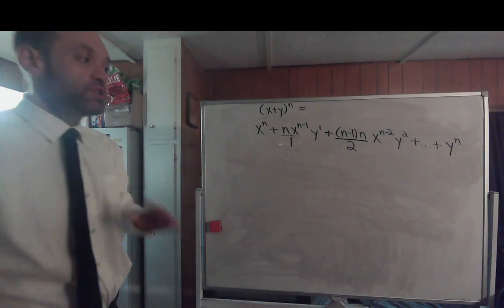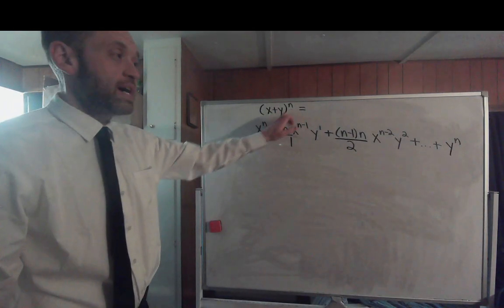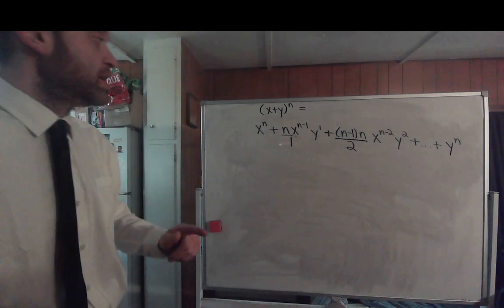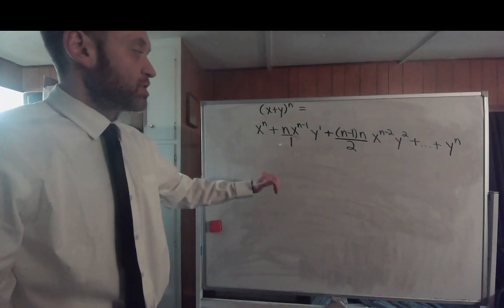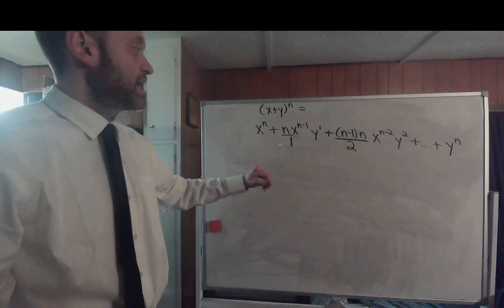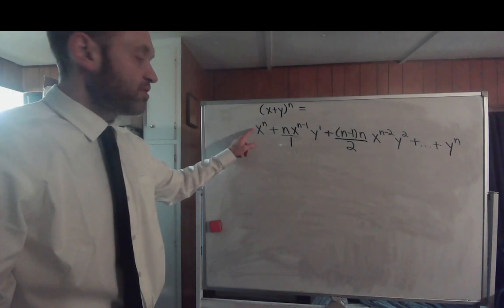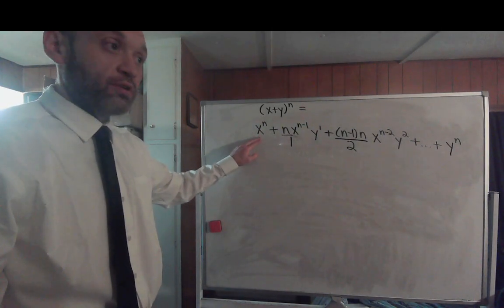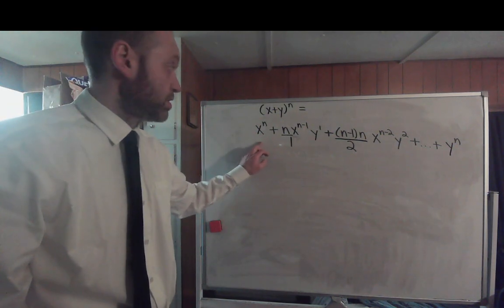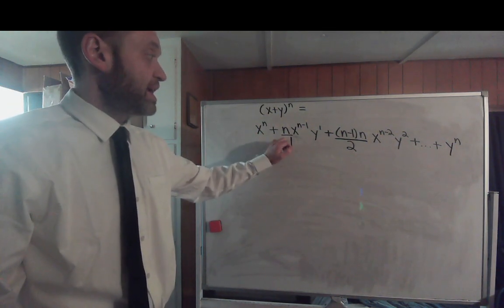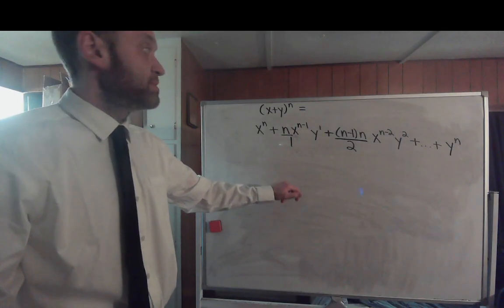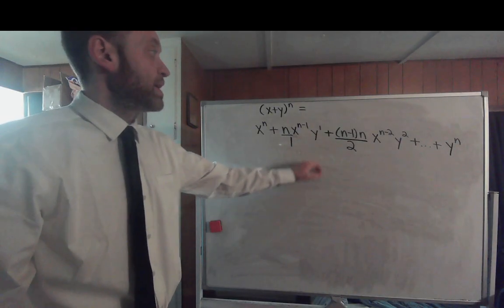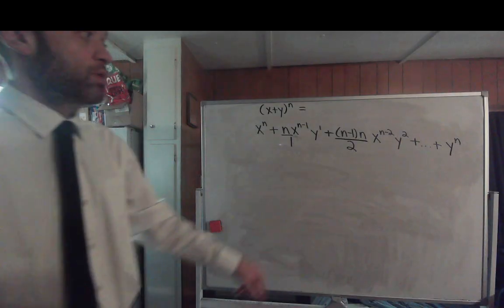So what you want to do is always take your first term to the highest power. And then for the intermediate terms, to get the second term, I take that n, bring it down in front of my coefficient on the x, and divide by the current number of the term I'm on, which is 1. Then I can do plus n over 1 times x, lowered 1 power, and then raise my second term y 1 power.